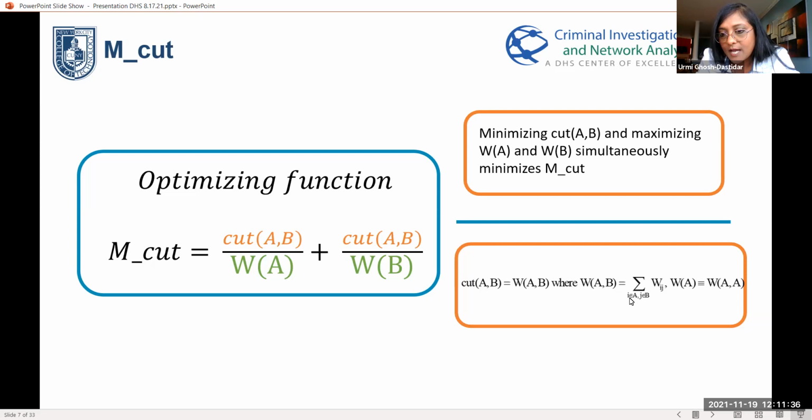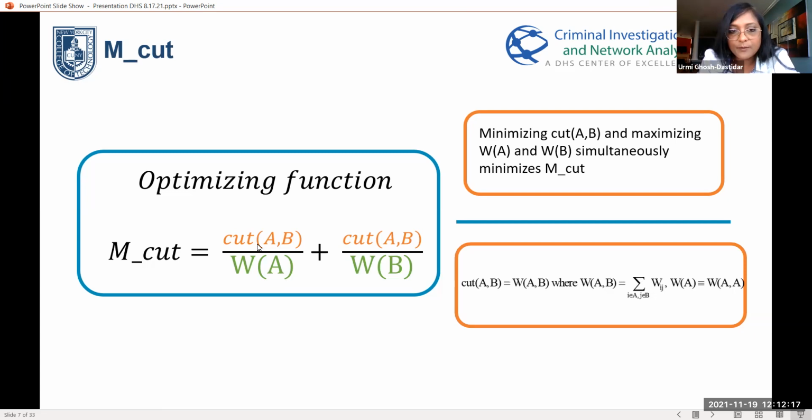If you look here, i belongs to A and j belongs to B means the ith node is in cluster A and the jth node in cluster B. So when we look at Wij, we look at the weight or communication strength between 2 different actors who belong in 2 different partitions, 2 different groups, A and B. And this Wij can be more than 1 when nodes i and j share some common actors. If they receive information from, let's say, 3 common actors, then Wij is going to be 3.